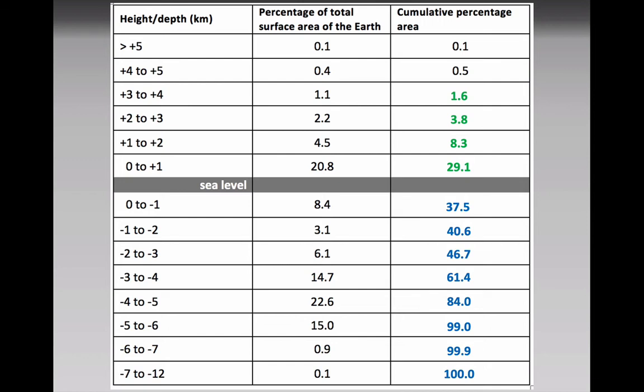So for example, at the top we have a percentage of 0.1 plotted against 5 kilometres above sea level. At 4 kilometres it'd be 0.5, at 3 kilometres it's 1.6, and so on.